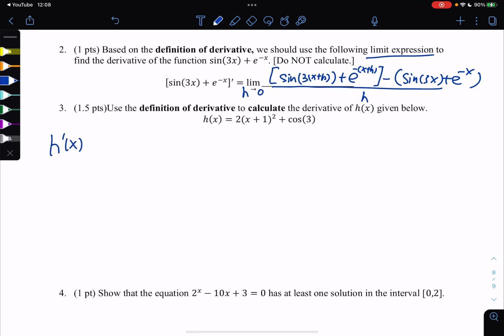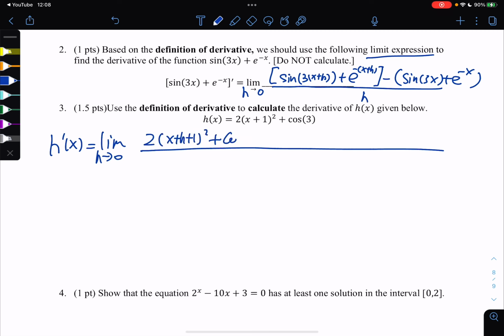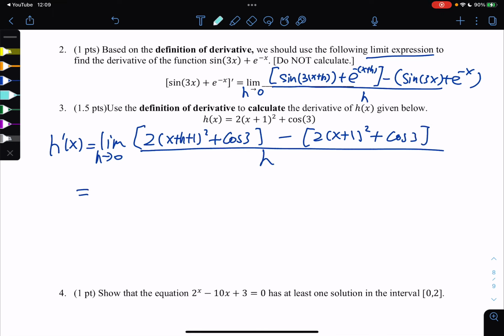H prime of x is the limit as h approaches 0 of 2 times (x plus h plus 1) squared plus cosine of 3, minus 2 times (x plus 1) squared plus cosine of 3, divided by h. So you could have done the calculation on the side if it helps. So I have limit h approaches 0.